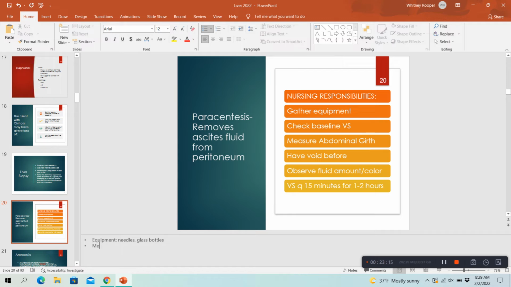Pre-procedure, measure their abdominal girth. You're going to have them void. Why are you going to have them void? They're going to be working around there on their bladder area. Answer me, Brittany. Or Robbie. You make them void because if the bladder is full, you're talking about the abdomen, right? The bladder's here, and they can nick the bladder. So you always make sure they void before.